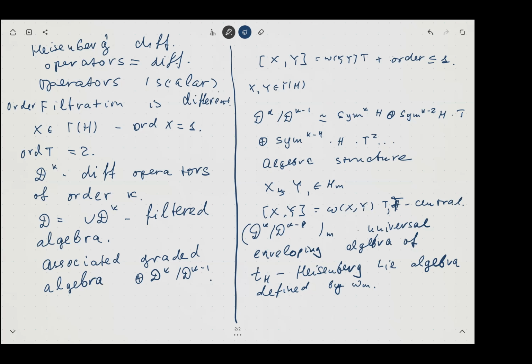Okay. So this, however, will not be the form in which it would be convenient for us to think about the symbols. So let me try to give a slightly different description. Okay. So H here will be just one fiber of our subbundle H at a given point. So let me drop the point from the notation.